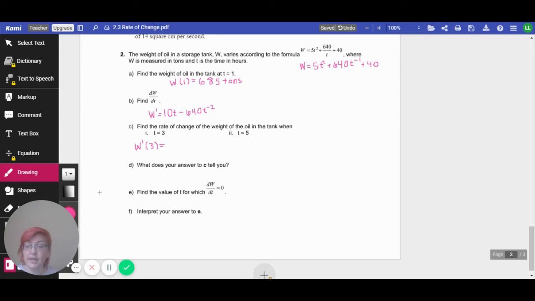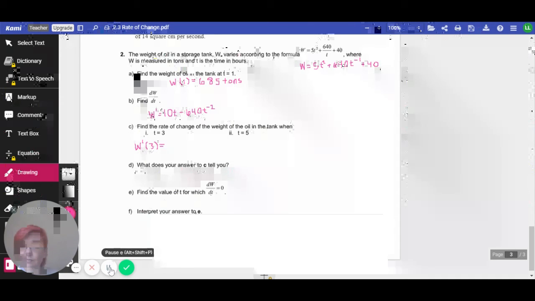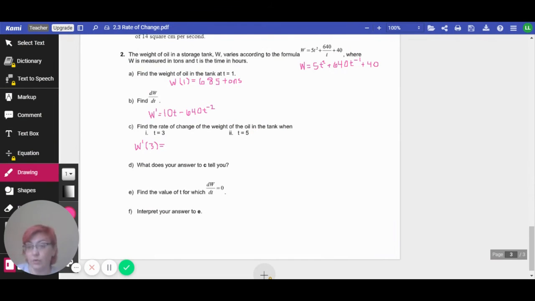All right, and I get a decimal, and that is negative 41.1 repeating. I know that 0.1 repeating is 1/9, so I have negative 41 and 1/9. That's negative. And we'll answer this down here in D, but remember it's negative, so at that point, oil is going out of the tank.